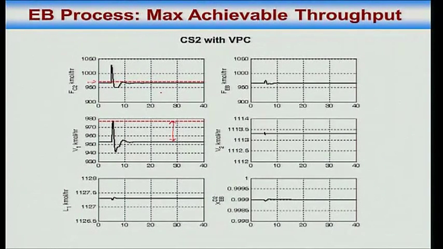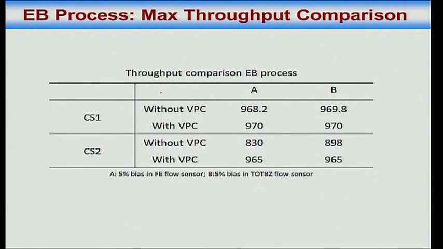1 or 2% throughput loss because of back off in the boil up, integrated over a year of production, will translate to millions of dollars, right? So here is the comparison. Basically what I wanted to draw your attention to was this versus this, right?